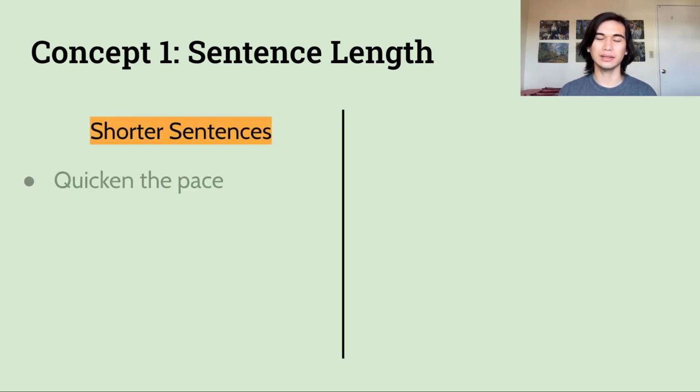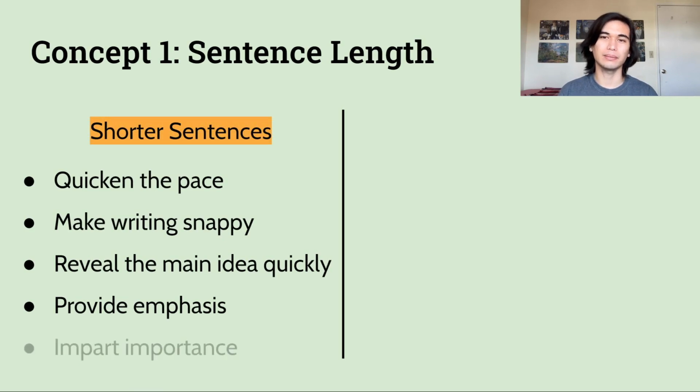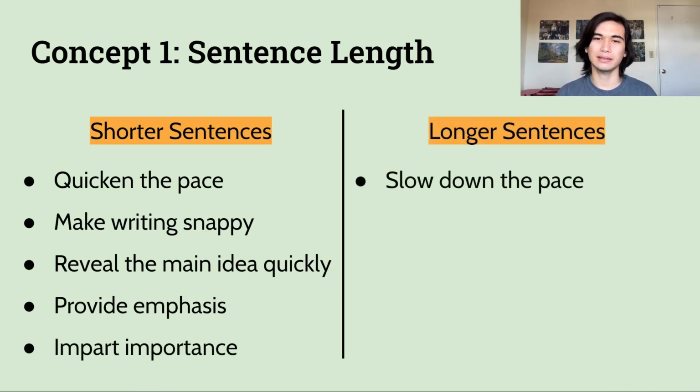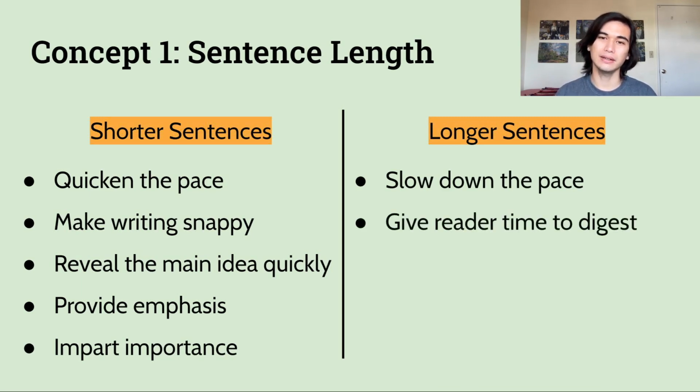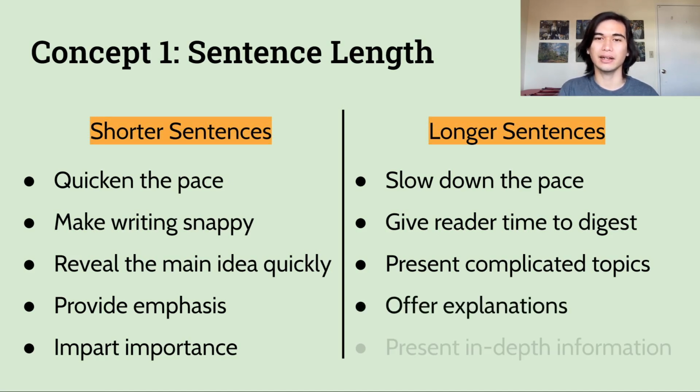Short sentences quicken the pace, make your writing snappy, reveal the main idea quickly, provide emphasis, and impart importance. Longer sentences slow the pace down, give your reader time to digest the information, present multiple or complicated topics, offer explanations, and present in-depth information.